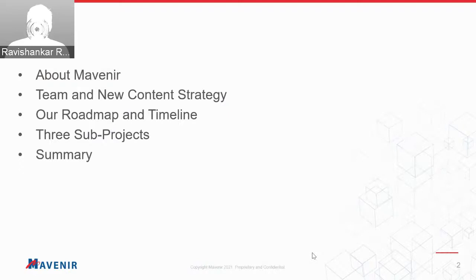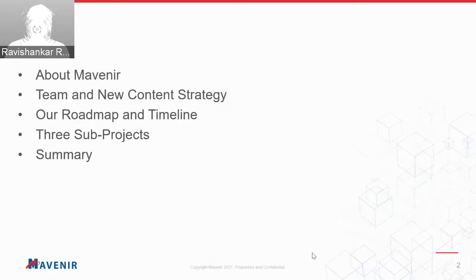In the next 30 to 40 minutes, the items that we plan to cover are on this particular slide. We'll start by speaking about our organization, Mavenir. We will then move on to speak about the team. Why speak about the team? So that the audience gets an idea of the way we were working prior to AEM implementation, and then contrast it with what happened later.